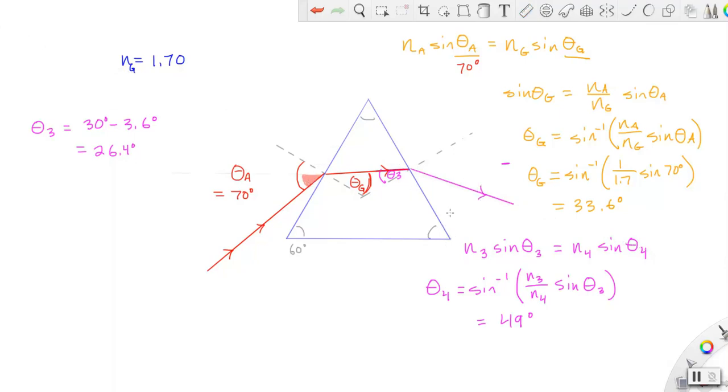And you can describe this any number of ways. You could describe this as 19 degrees with respect to the horizontal. You could describe it as 19 degrees with respect to the floor. But ultimately, this is the direction that this thing is going to come out of the glass. Okay. So I know that this is about the trickiest that you're going to get, this kind of problem where you really have to think very carefully through each of these angles.